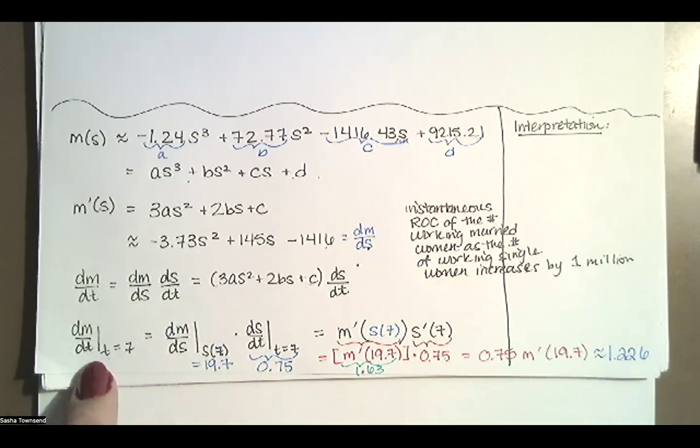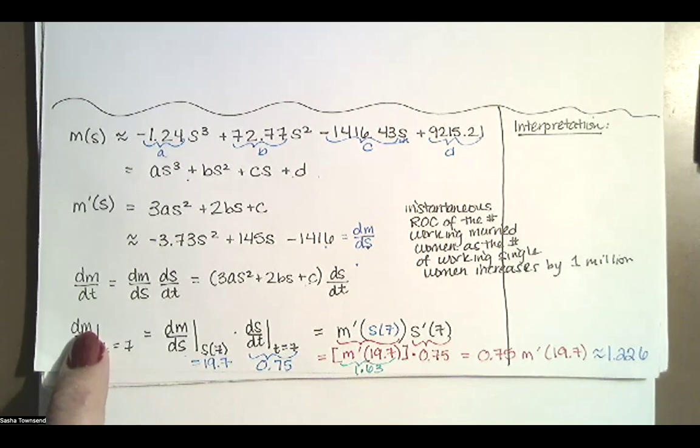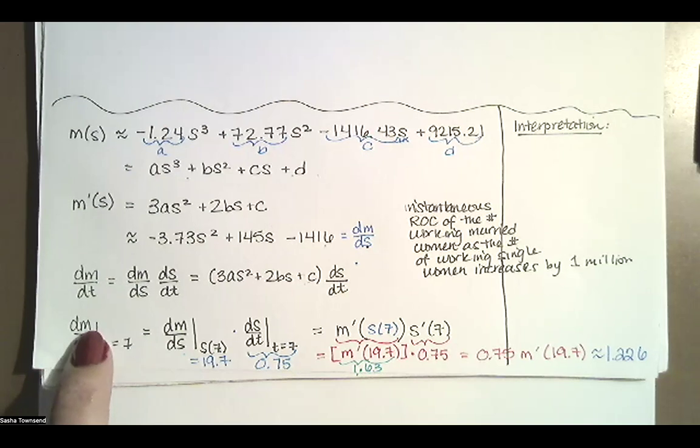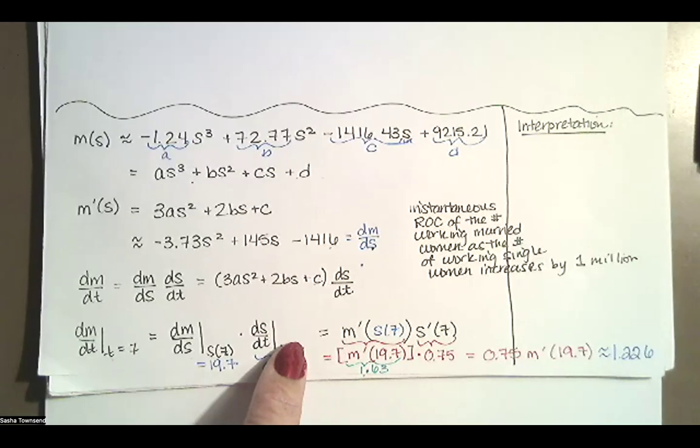And then if I want dM/dt at t equals 7, which is the rate of change of the number of married women working with respect to time, so per year in the year 2007, I'm just going to take the rate of change of this and multiply by the rate of change of that.